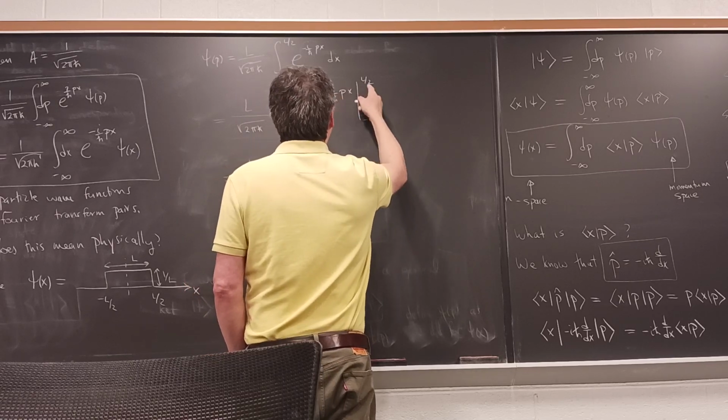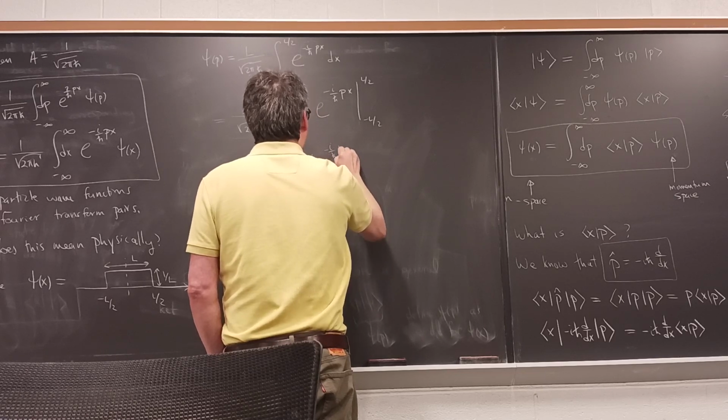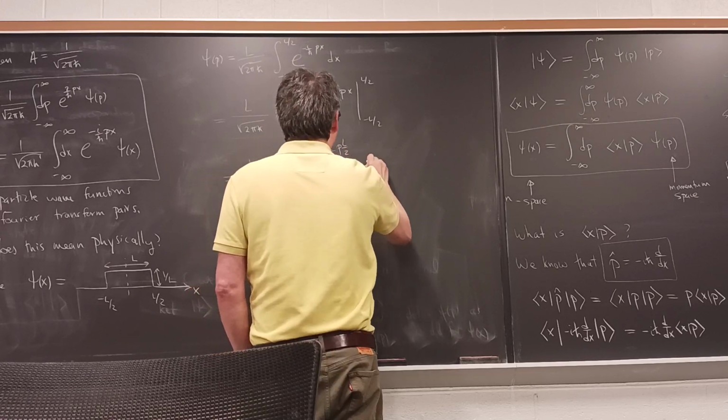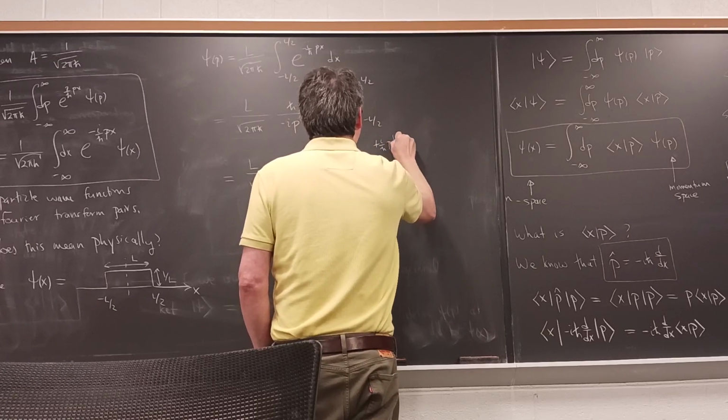It is. So it's minus i over h bar p L over two minus e to the plus i over h bar p L over two.